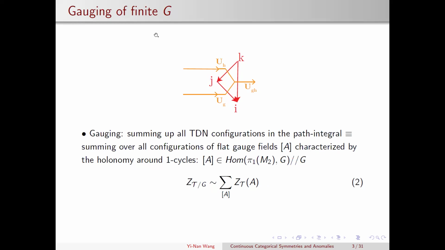For the case of finite G, the gauge fields we sum over are all the flat gauge fields modded out by gauge transformations, and these equivalence classes are characterized by the nontrivial holonomy around one-cycles. More precisely speaking, these are equal to the homomorphisms from the fundamental group of the spacetime manifold to the group G, modded out by the adjoint action of G.